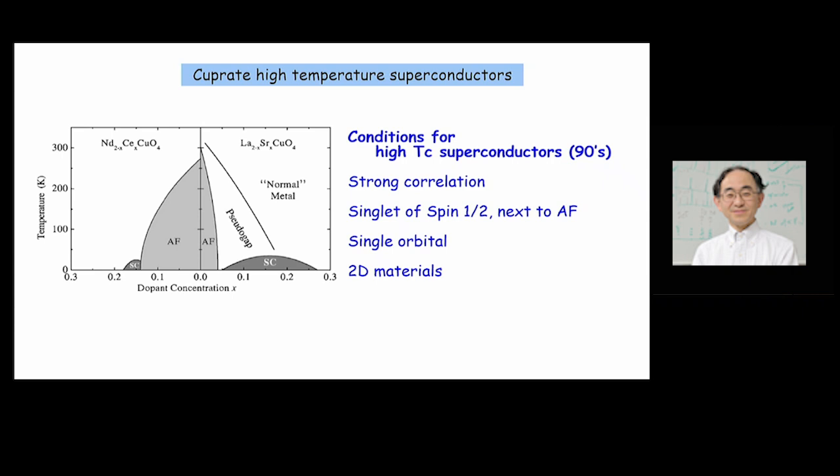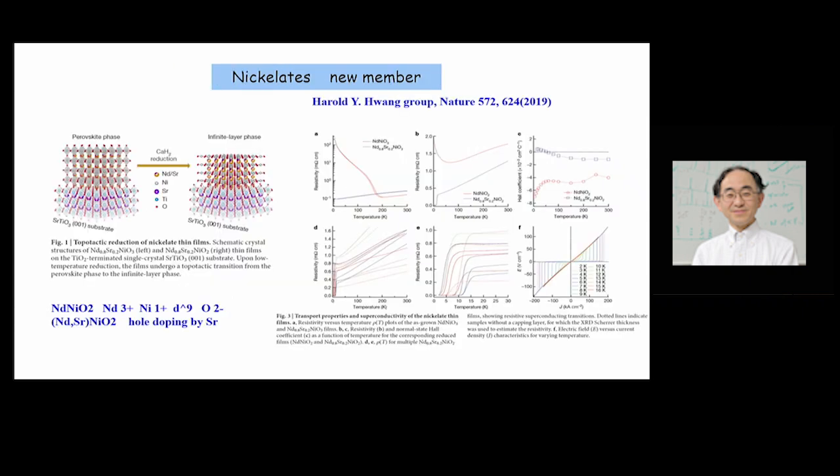But now people are becoming suspicious about this, right? One reason is nickelates, right? In nickelates, you still have the orbital degrees of freedom, right? Let's say x squared minus y squared and 3z squared. So the coexistence of the two might be important for the nickelates.